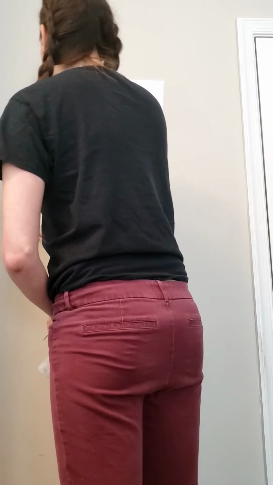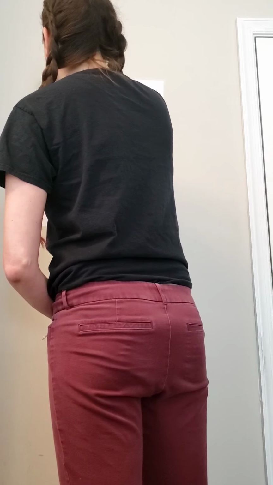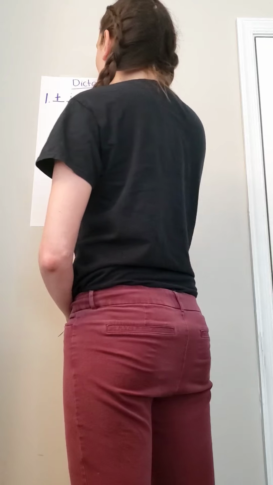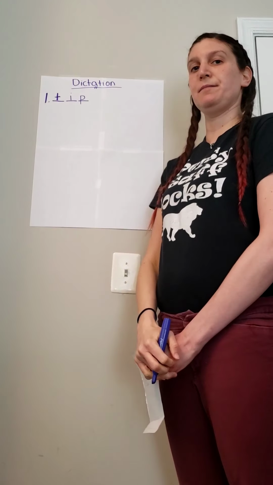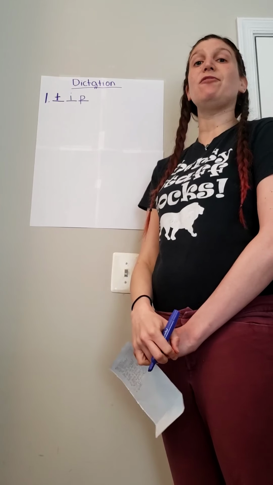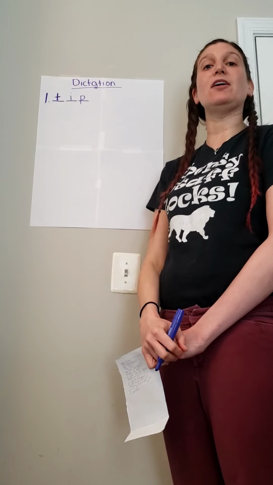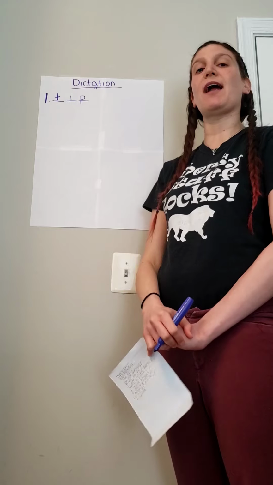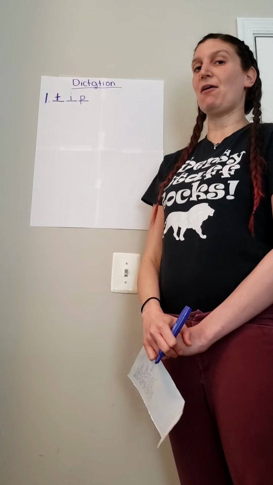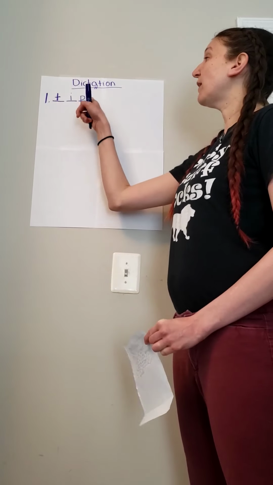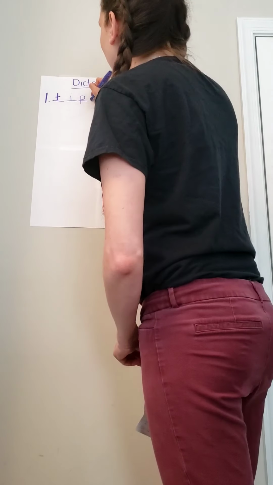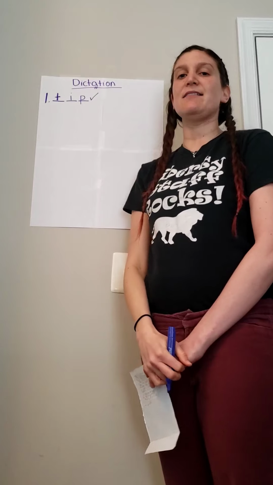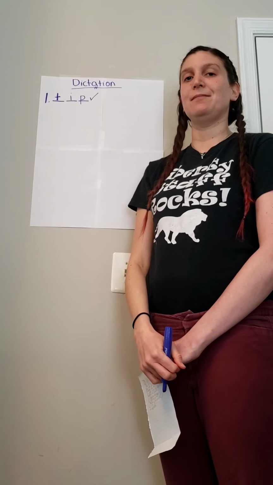T, I, P. Tip. At any point, feel free to pause the video so that your child has a chance to write it before I do, but I'm just going to keep going. Make sure that you have what I have. If you do, give yourself a check. If not, take this time to change it.